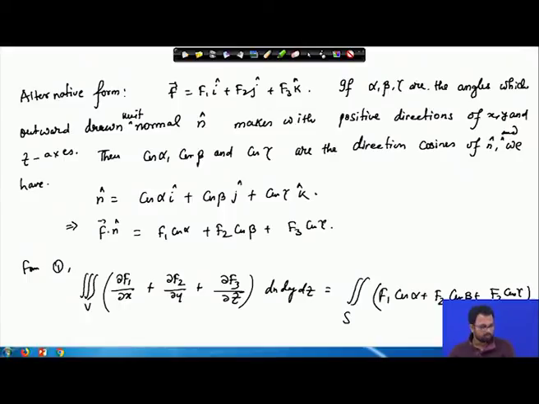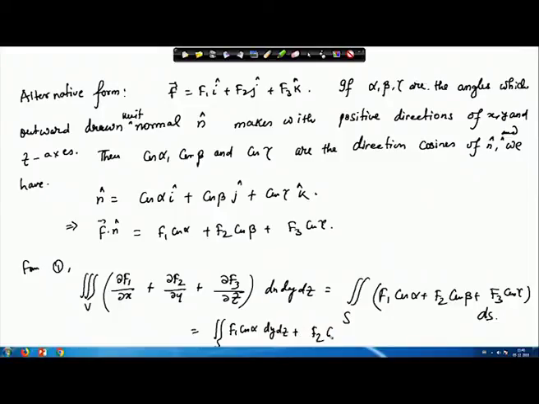Depending on the cos alpha you have dy dz, this one is dx dz and this one is dx dy. So, I can write the surface integral of F1 cos alpha dy dz plus F2 cos beta dx dz plus F3 cos gamma dx dy. So, this is the right hand side or the surface integral part.